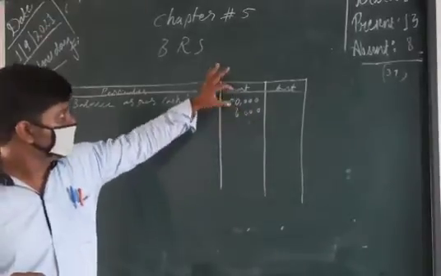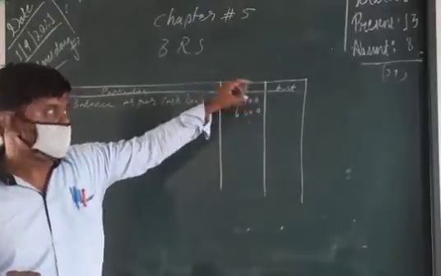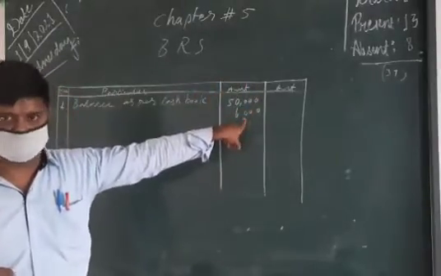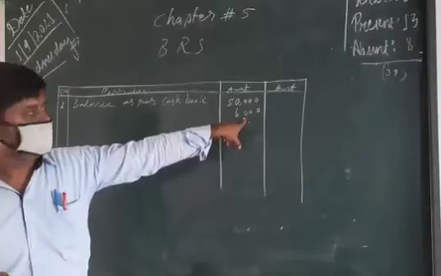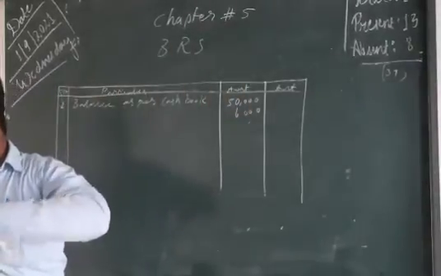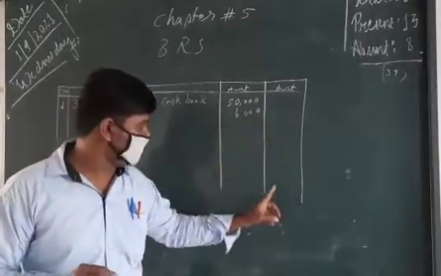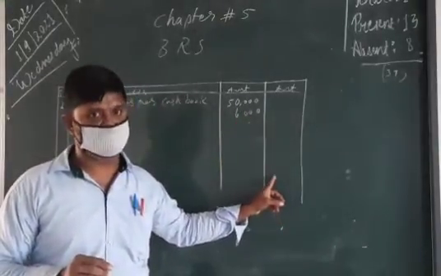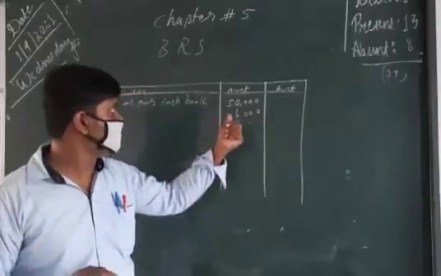That means we got this 50,000 after reducing this 6,000. But in bank, what is not reduced? This 6,000 is not reduced. Now we want to get the bank balance.